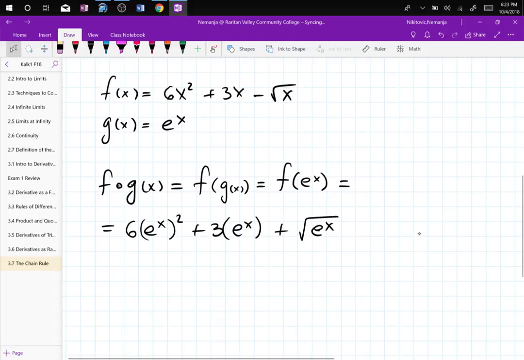So what happened here is we replaced every x with g of x, and then every g of x we replace with e to the x, because that's what g is.